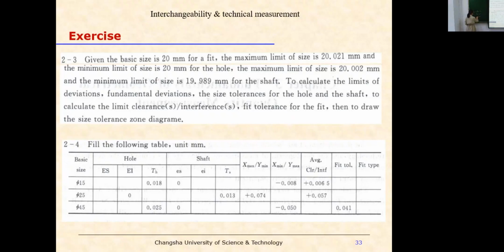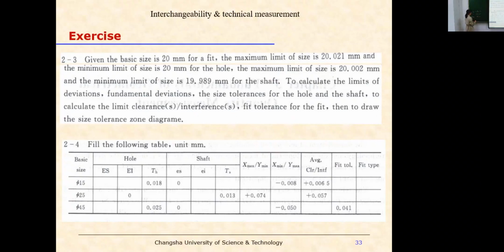So now the maximum hole minus the minimum shaft is plus, it means that this one is clearance, right? This is the maximum, and the minimum is here, right?